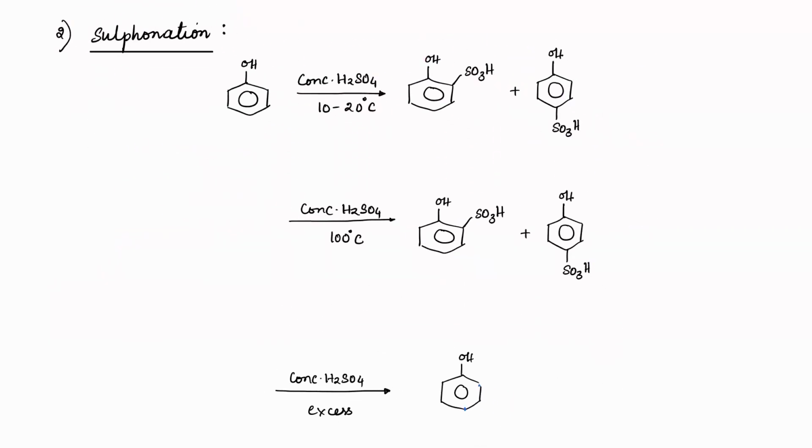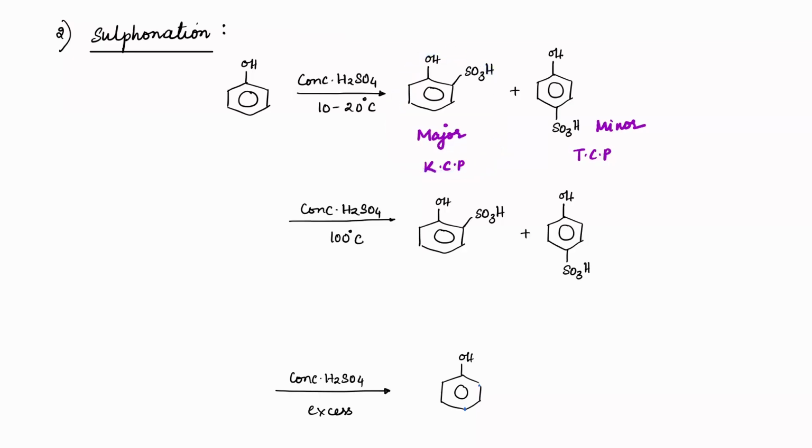Next, sulfonation. See, if you react phenols with concentrated H2SO4 at around 20 degrees, you will get SO3H at the ortho and para positions. At lower temperature, you will find this is major and this is minor. This is KCP, this is TCP, that is the kinetically controlled product.